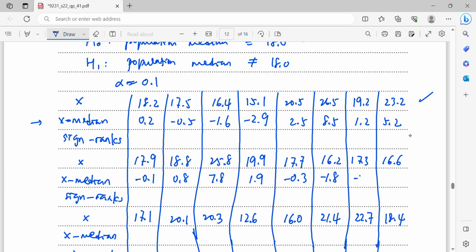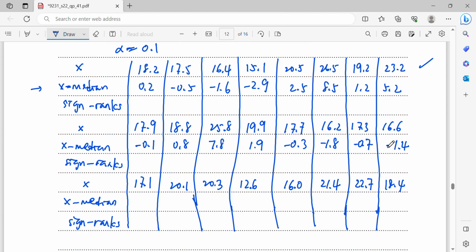Then the next is negative 0.7, and the last one is negative 1.4. Okay, 16.6 minus 18. And same for the third set of x values. 17.1 minus 18, negative 0.9, then 2.1, 2.3, negative 5.4, negative 2, 3.4, 4.7, 0.4.